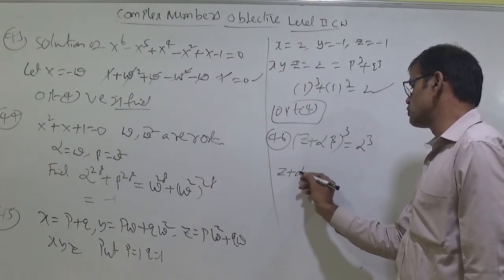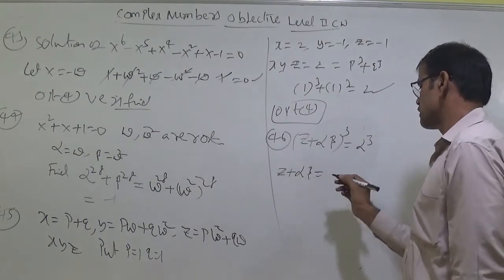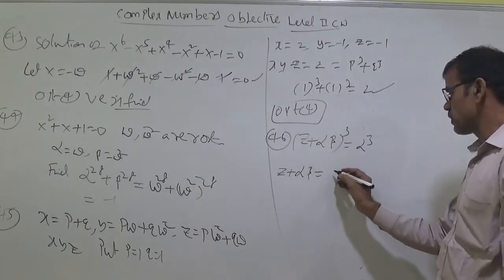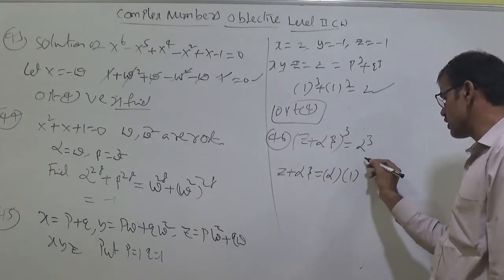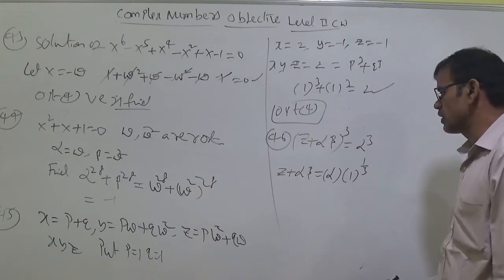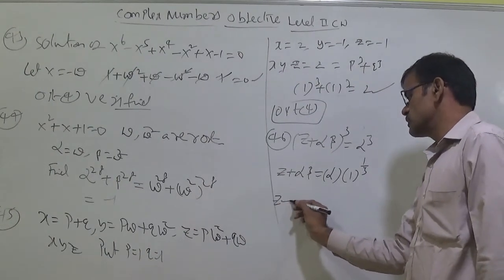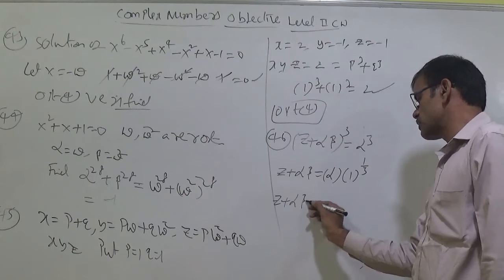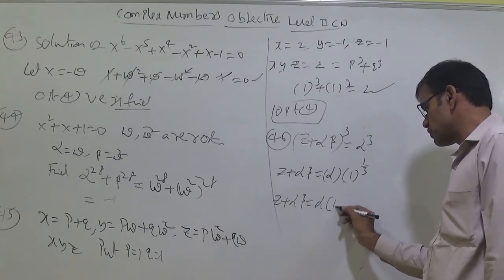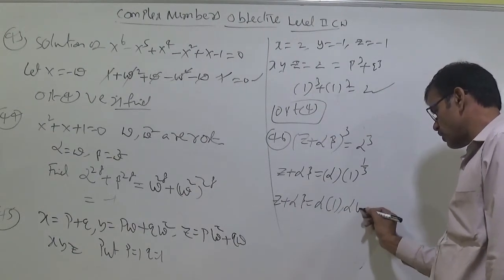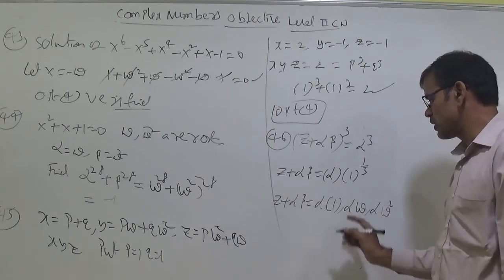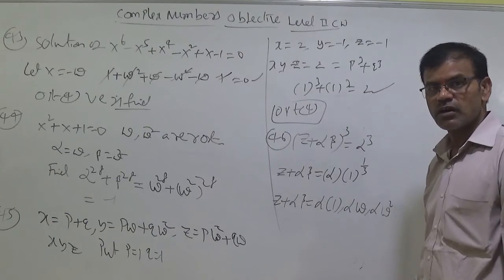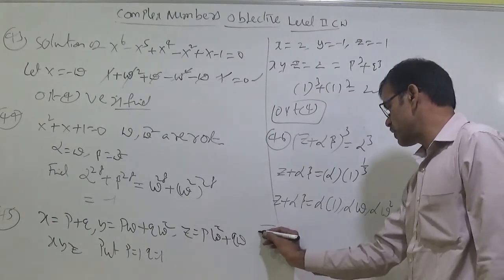Taking cube roots on both sides, you can write z plus alpha beta is equal to alpha into 1 power 1 by 3. So z plus alpha beta is equal to alpha into 1, alpha into omega, alpha into omega square. Why? Because the cube roots of unity are 1, omega, omega square.